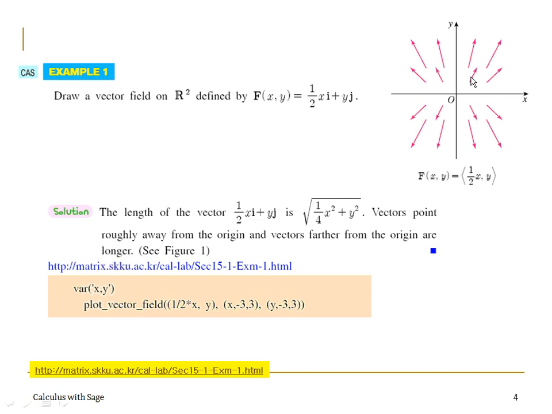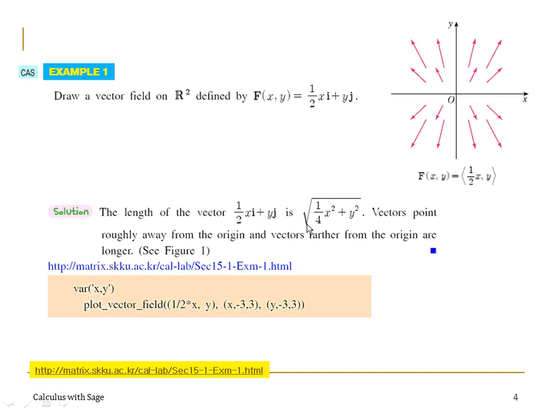So this represents the vector at the point (1, 1). At (0, 0), we have the zero vector. And when x is equal to -2 and y is equal to 1, we have the vector (-1, 1), like this. So this exactly represents this vector field, doesn't it?